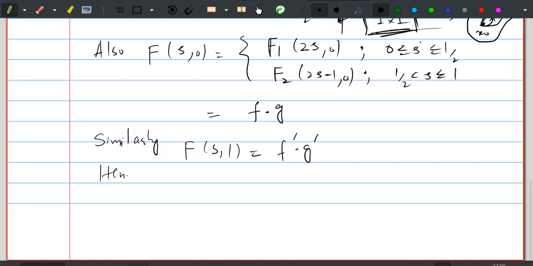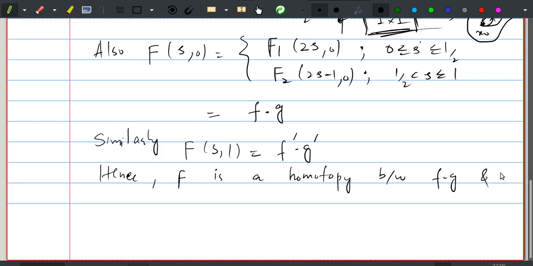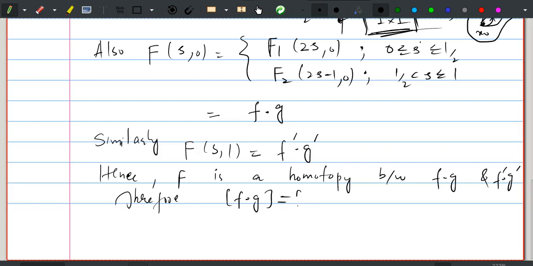Hence f is a homotopy between f dot g and f prime dot g prime. So if these two maps are equal, their homotopy classes are also equal. Therefore the homotopy class of f dot g is the same as the homotopy class of f prime dot g prime.